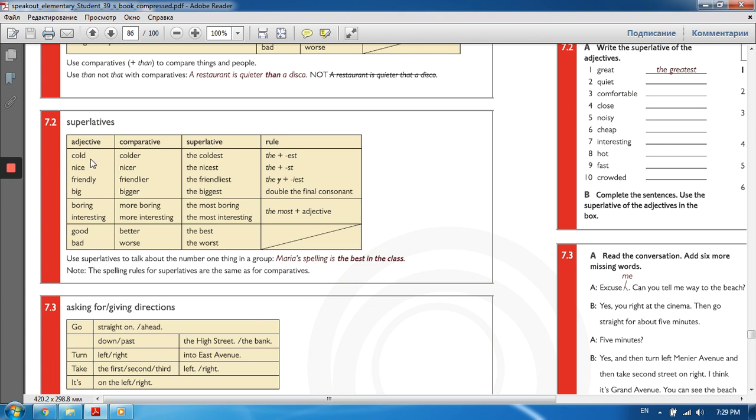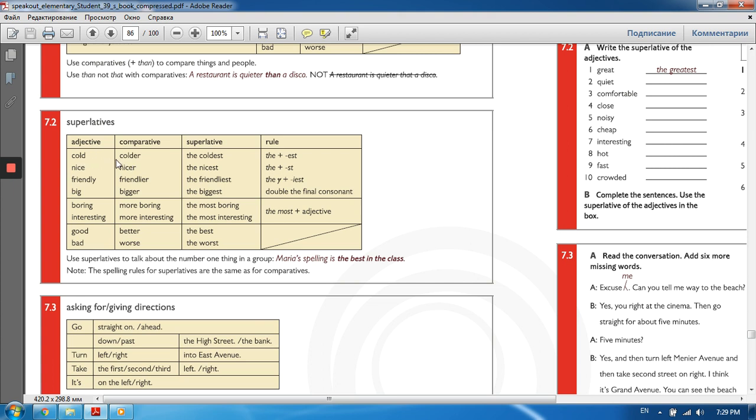So if we want to make the comparative or the superlative degrees of short adjectives, we have to add er in the comparative degree, or est in the superlative degree. And you see here, cold, they have added only er in the comparative degree.